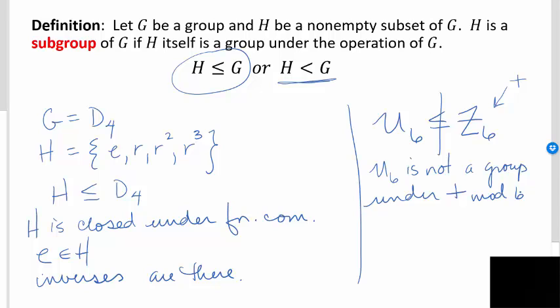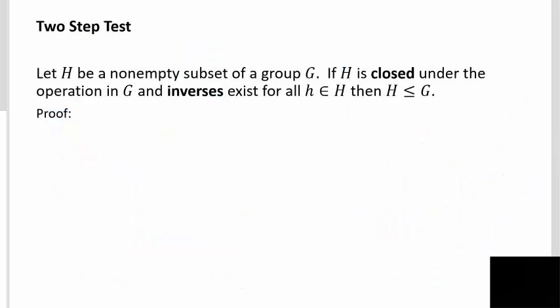It's a group under multiplication mod 6. Think about it. U6 is equal to just a two-element set containing 1 and, see, not 2, not 3, not 4, 1 and 5. That is U6. Notice if we add 1 plus 5, we get 0, and 0 is not even in U6. So we have an example of a subset, but it is not a subgroup.